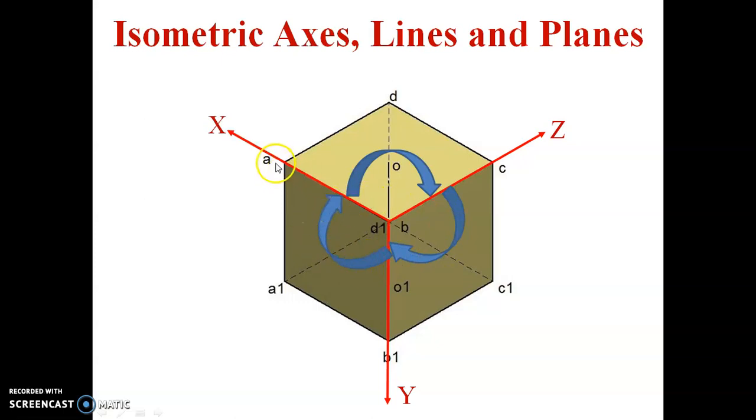If you measure the angles A, B, C, then B, C, B1 and A, D1, B1, all these angles will be having equal inclination. Iso stands for equal, so they will be having the equal angle between these three axes.